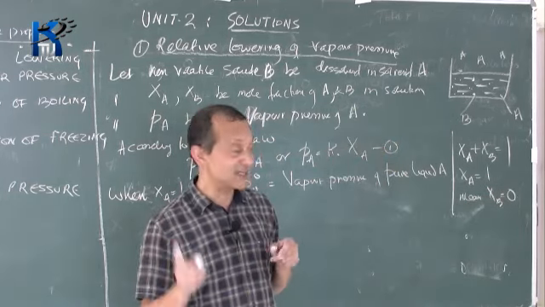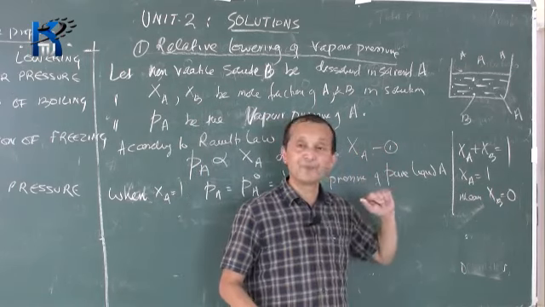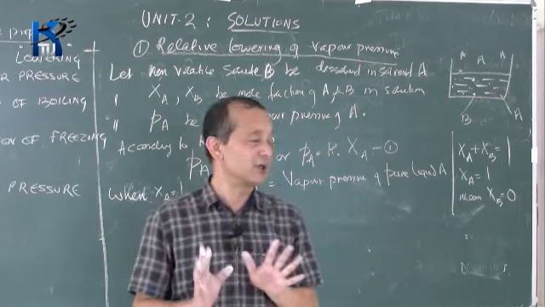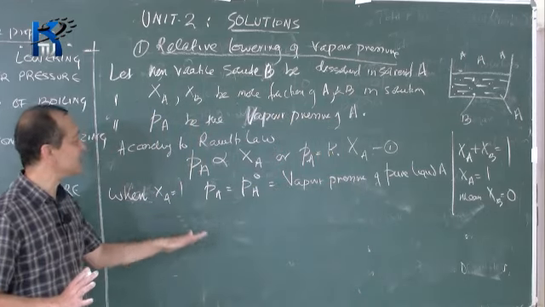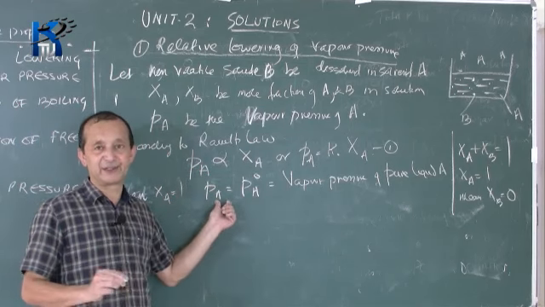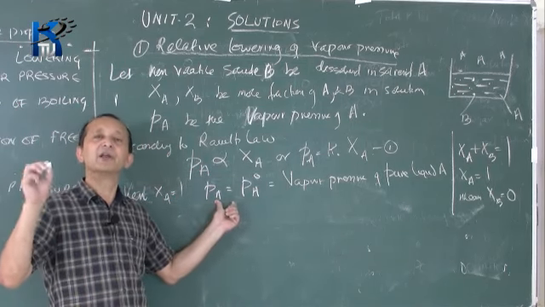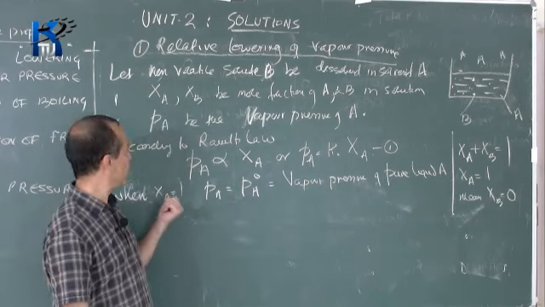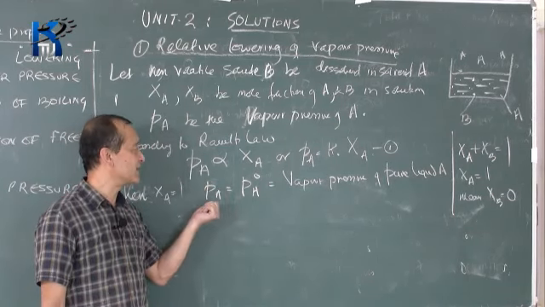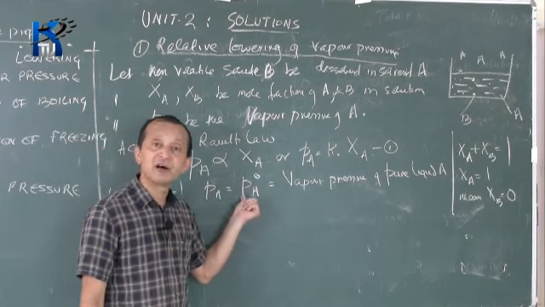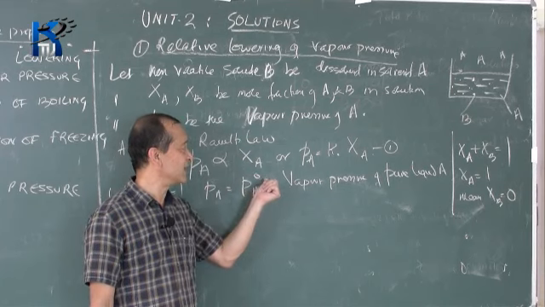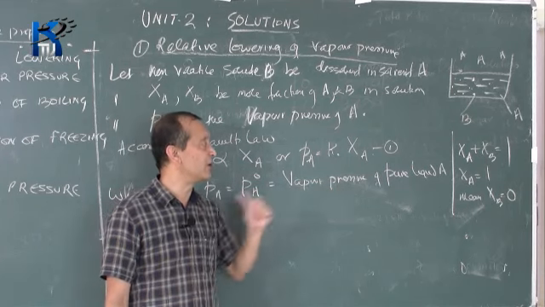XB is 0 means there is no solute, which means the liquid is pure, or the solvent is in the pure form. So when XA is equal to 1, the vapor pressure is equal to the vapor pressure of the pure liquid or pure solvent. We say that PA naught is the vapor pressure of the pure liquid or the pure solvent.